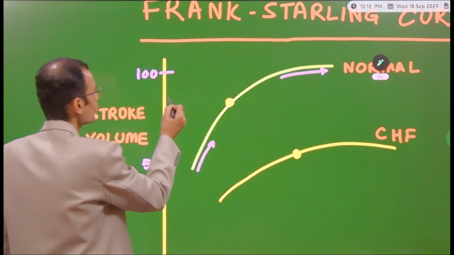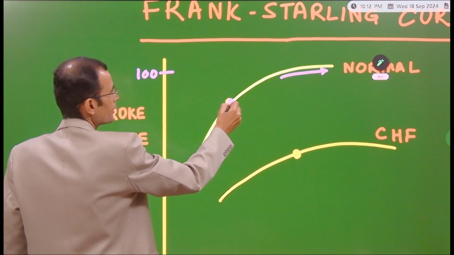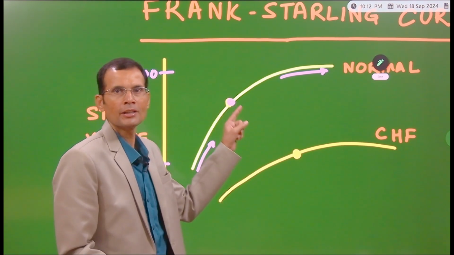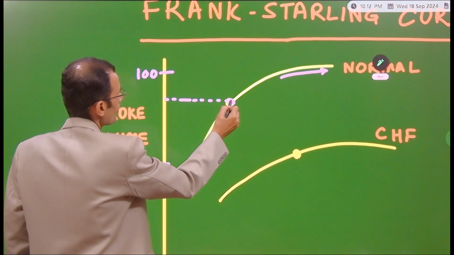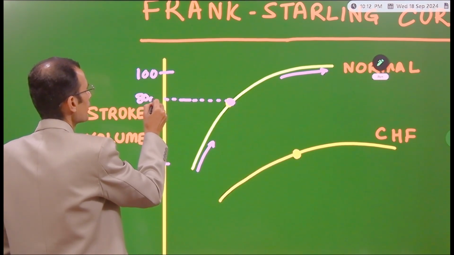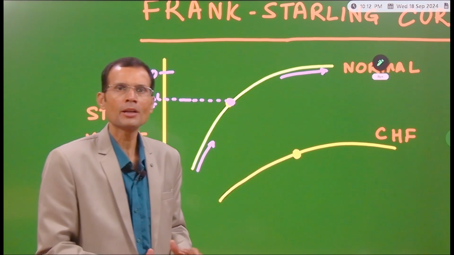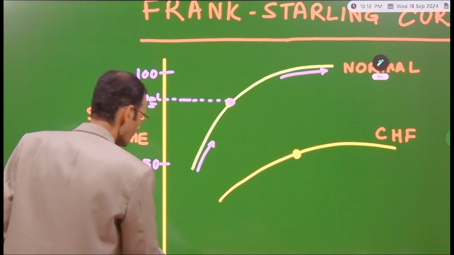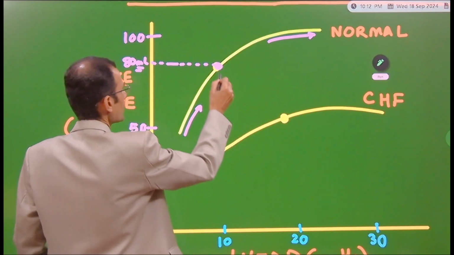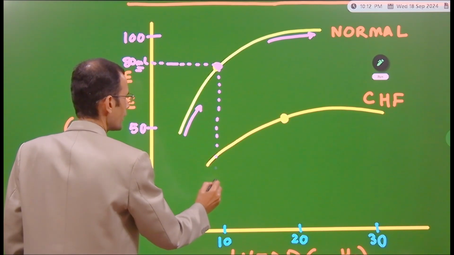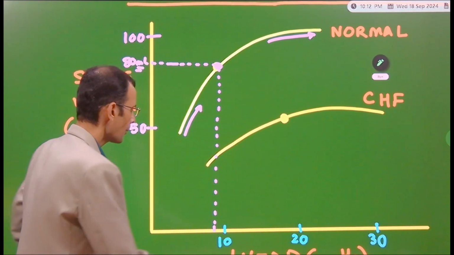Let's chart out the stroke volume here. Up to this point, we certainly have preload dependent contraction of the left ventricle. So somewhere here, 80 ml is the stroke volume, which is the normal case. In a normal heart, the stroke volume is 80 ml. And this point corresponds with how much left ventricular end diastolic pressure? About 5 to 10 mm of Hg.